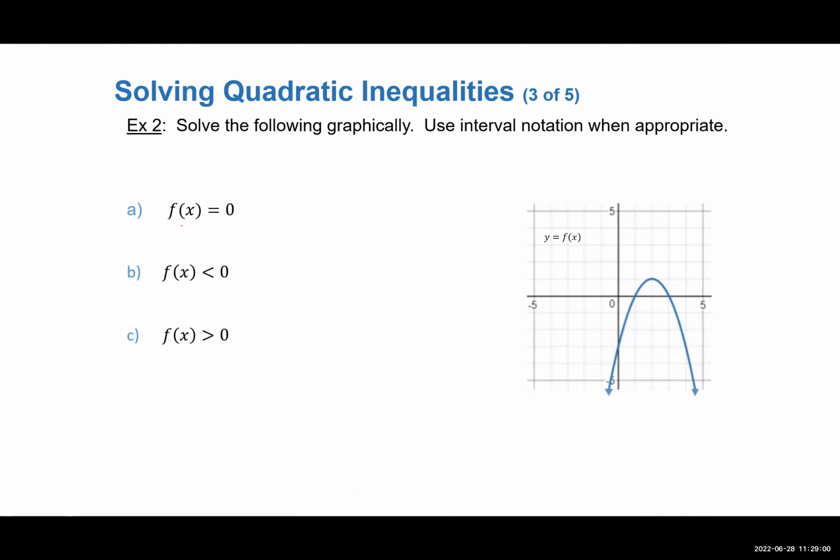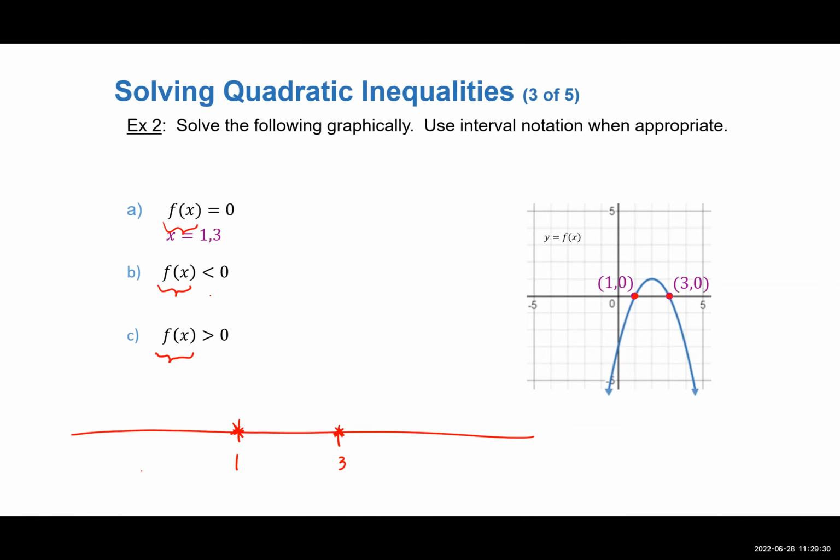So we're going to look at this again. This time, they're not writing out the entire quadratic equation. We're writing it out in terms of just f of x. So where's f of x equal to 0? Right here and right here. So on our number line, we have 1 and 3. It is on the x-axis.